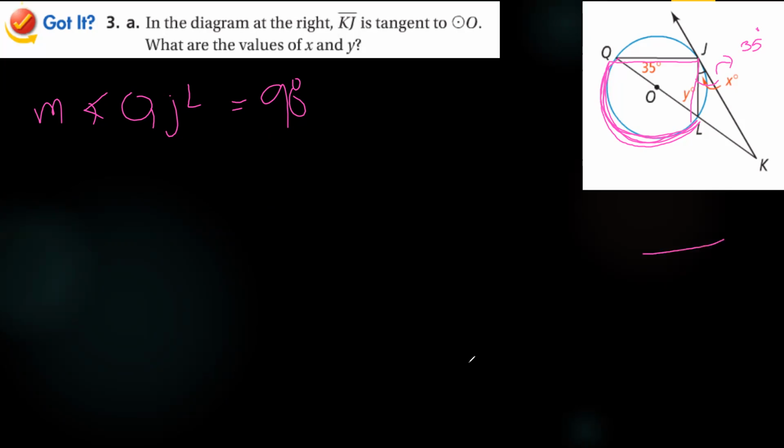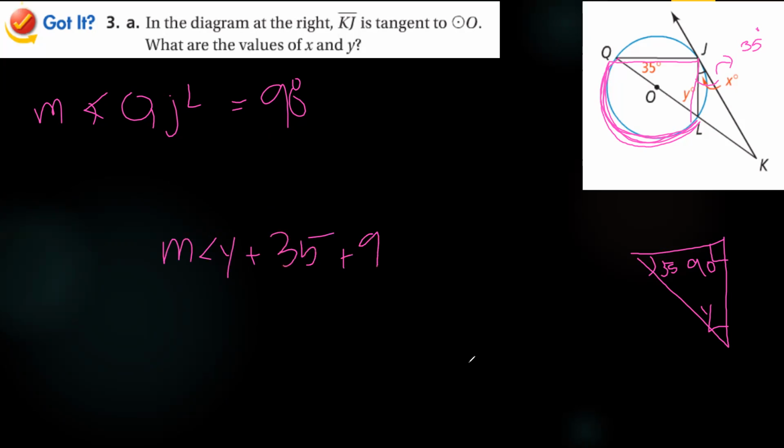So if this is 90 and this is 35, and this is Y, this will be now a right triangle. So the measure of angle Y plus 35 plus 90 is 180. By subtracting, you will find that the measure of angle Y is 55 degrees.